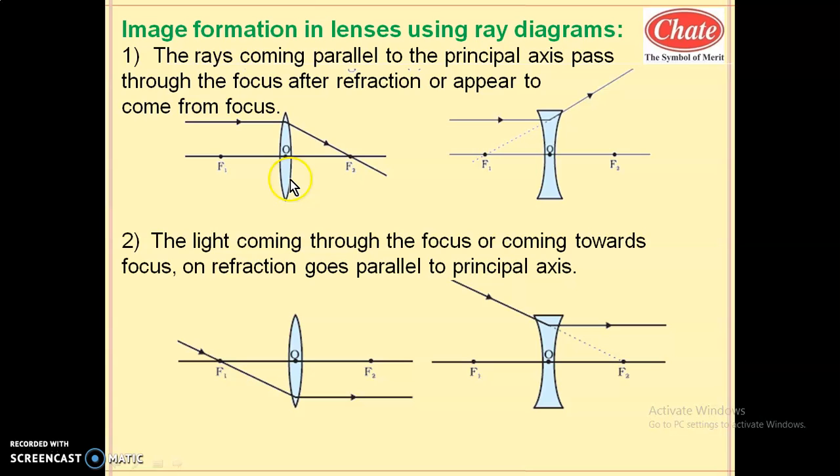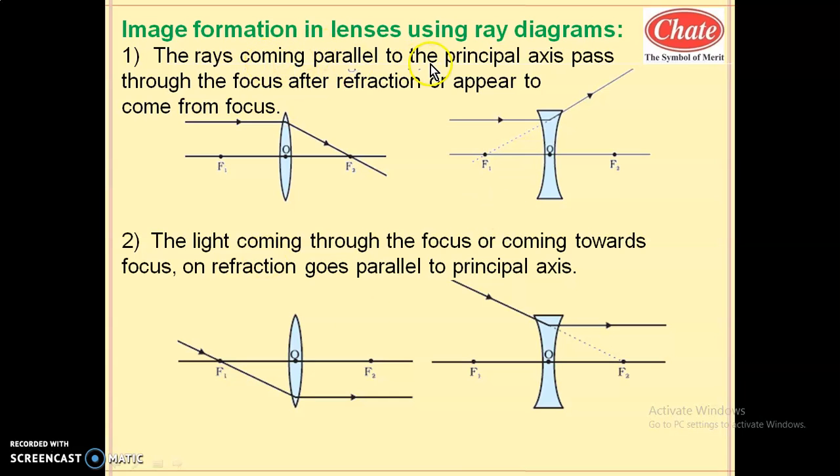In case of a convex lens, these rays refract and further pass through the focus. So this ray passes through the focus F2. Whereas for the concave lens, the ray which is incident parallel to the principal axis, after refraction, will refract with respect to a point on the principal axis, that is focus F1. So it appears to come from the focus.